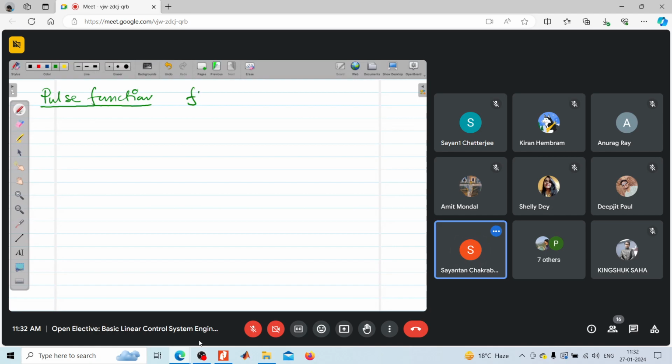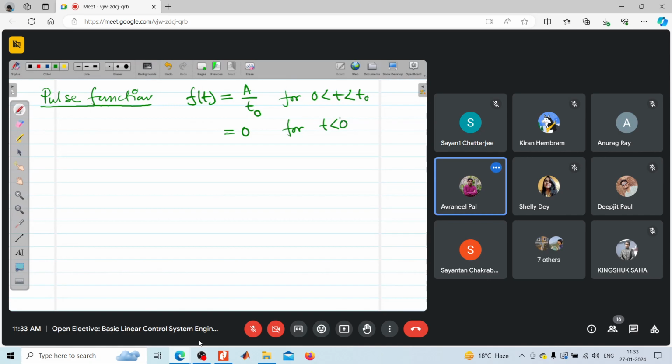How is it defined? f(t) equals a by t0 for 0 less than t less than t0, where t0 is a constant, and equal to 0 otherwise, where a and t0 are constants.